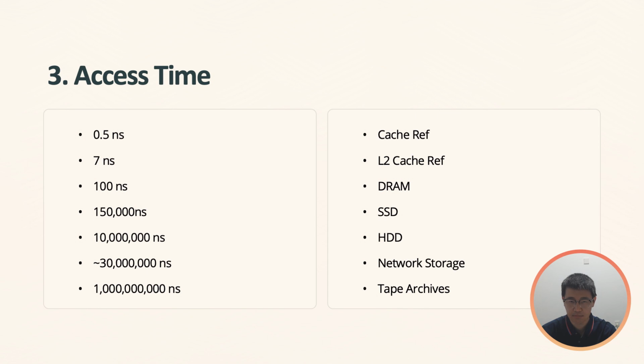Here is a comparison. If you look at the cache, level 1 and level 2, it's about 0.5 nanoseconds and 7 nanoseconds. In DRAM, in memory, it's about 100 nanoseconds of access time. In SSD, it's about 150,000 nanoseconds, and then HDD, the network storage, and then the last disk after that.